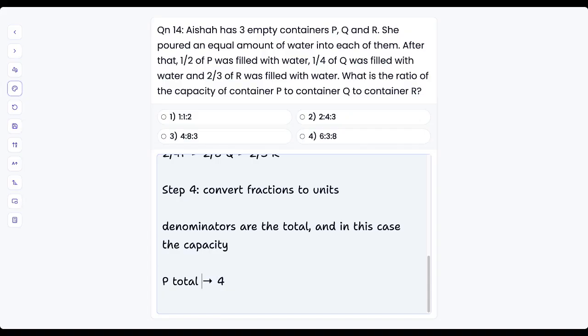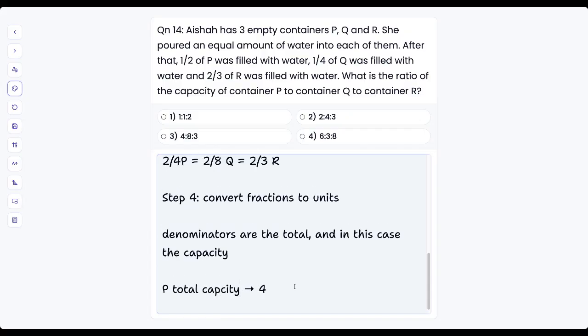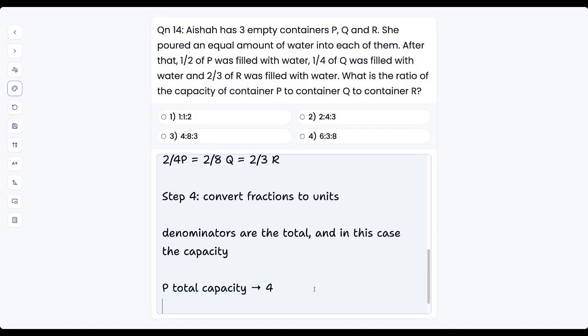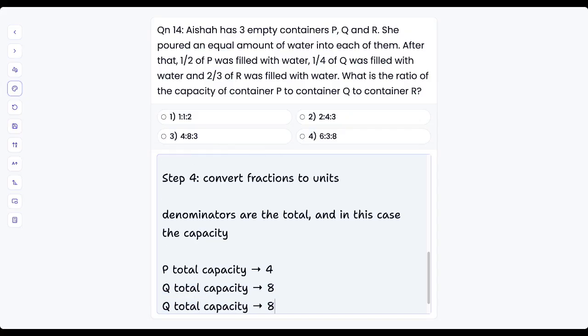So P's total capacity, since we have the fraction 2 over 4, right? So 4 is the capacity. So P total capacity is 4, Q total capacity is 8, and R total capacity is 3.